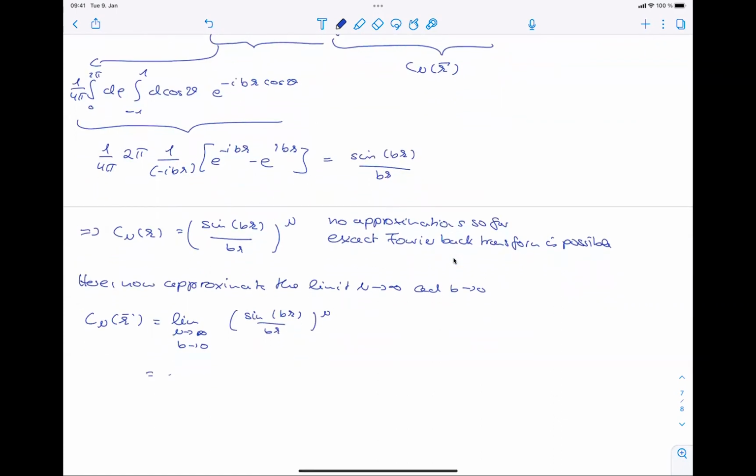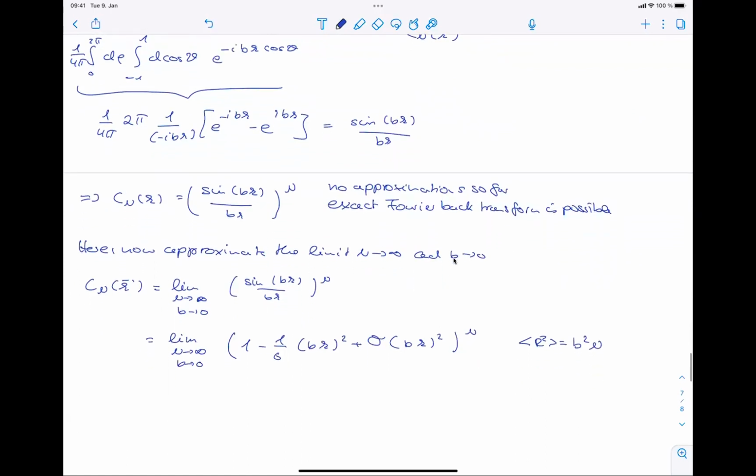And to that end, we expand the sine for b small, or this sine bk over bk, to get 1 minus 1/6 bk squared plus higher orders, to the power of n. Note that the mean square end-to-end distance was b squared n, and we want to keep that one constant when running b to 0 and n to infinity.